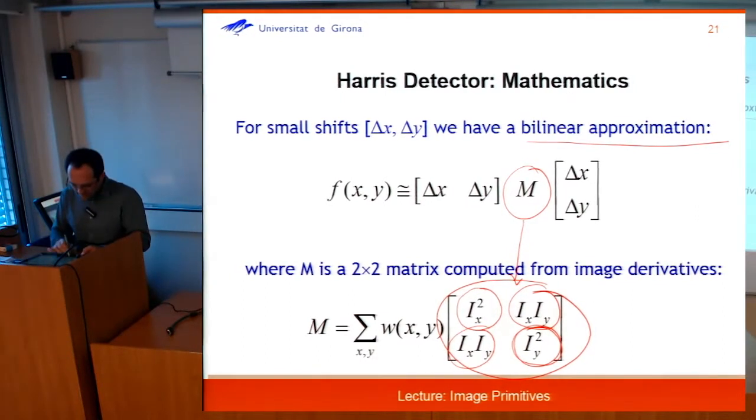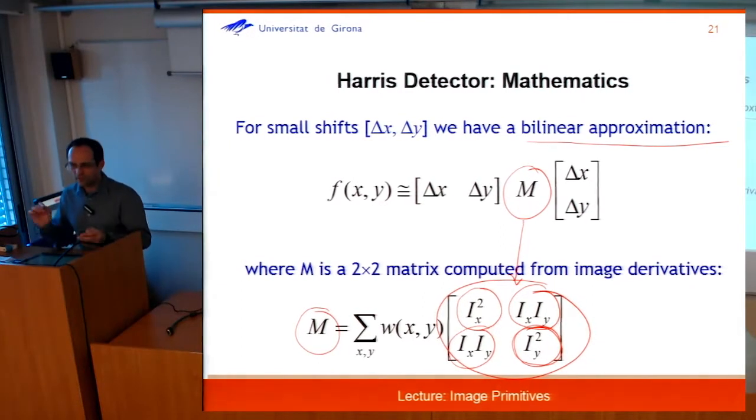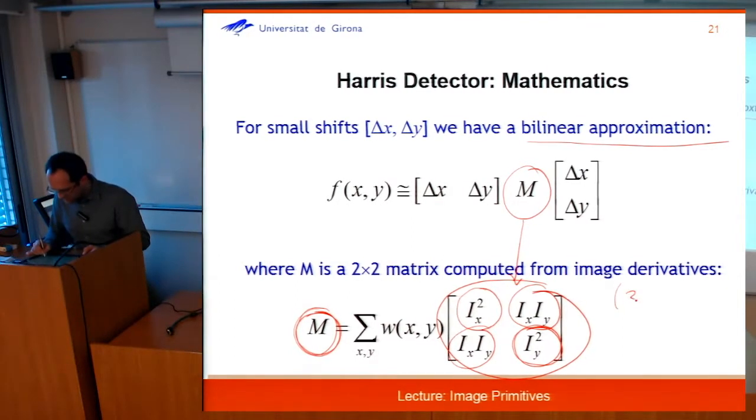Okay? In the paper of Harris and Stephens, this M matrix is called the autocorrelation matrix. And the idea is that you compute this M matrix for every pixel in your image. So for a given pixel, if I want to know if this is a corner, what I need to do is to build this matrix for that pixel. Imagine that I'm looking at a pixel located at position 32, 109.